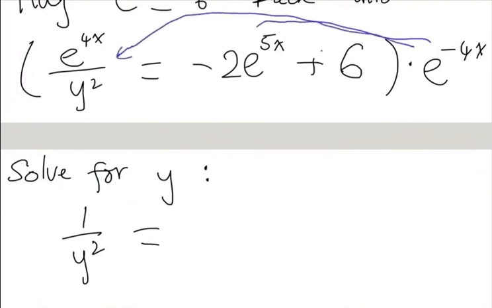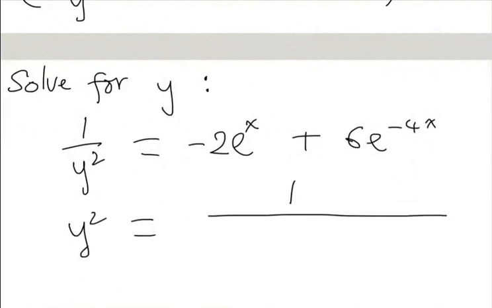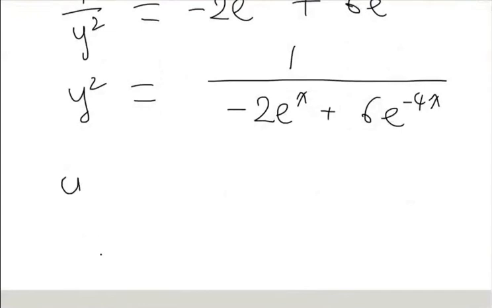We get minus 2 e to the 5x times e to the negative 4x, which gives us e to the x, plus 6 e to the negative 4x. Then we need to take the reciprocal of everything, so 1 over y squared is divided by minus 2 e to the x plus 6 e to the minus 4x. And we need to take the square root to solve for y.